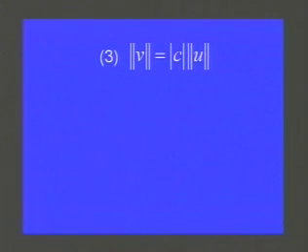Had I multiplied by -2, though, because length can't be negative, the new length would have still been twice as long. So it turns out to be the absolute value of c because length can't be negative. So if v is c times u, then the length of v is the absolute value of c times the length of u.